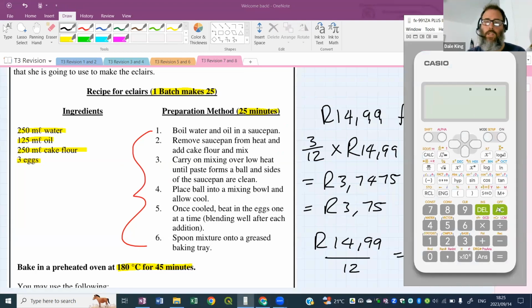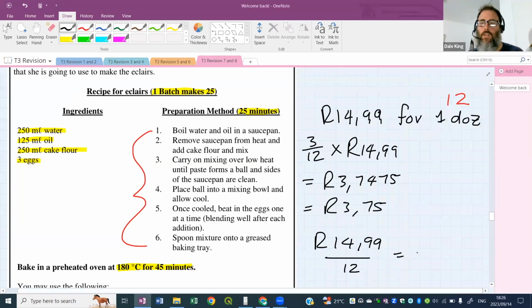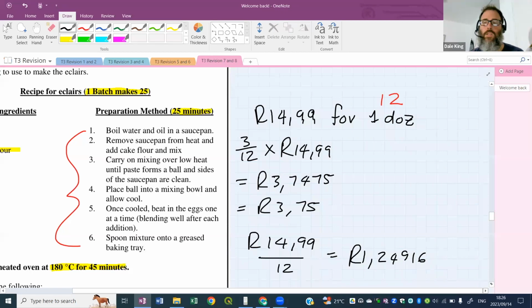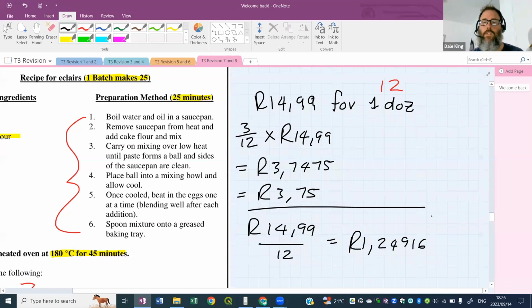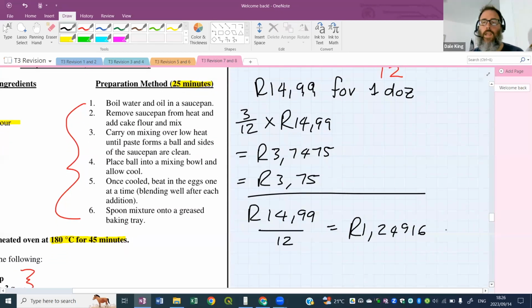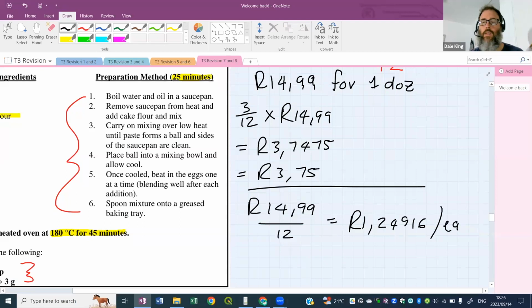So if we say $14.99 divided by 12, that gives us, look at the decimal number, 1.24916. I'm writing a few decimals here to keep accuracy. All right, this is the second method. If that's for 1 egg, this is per egg, then how much for 3 eggs?